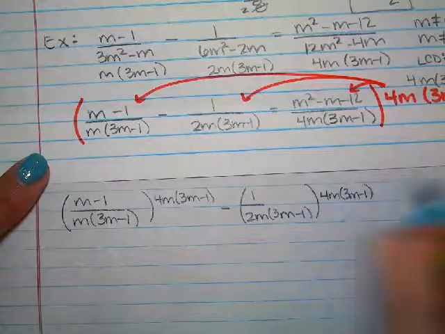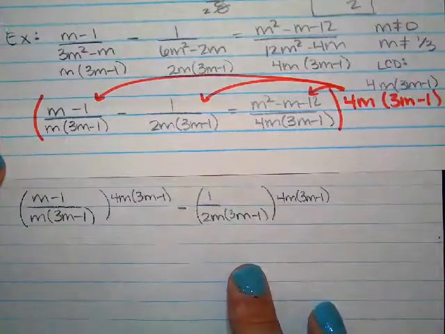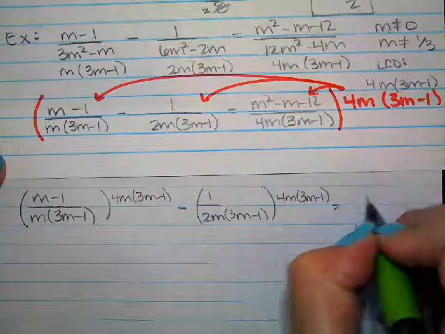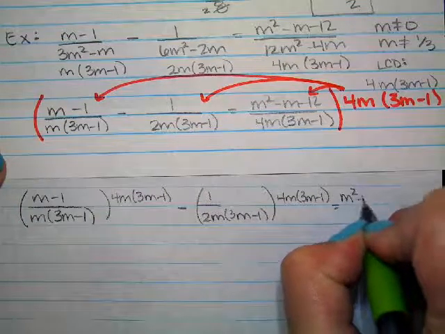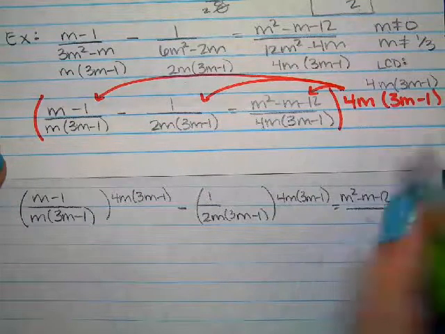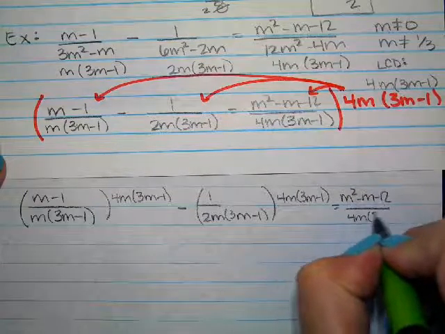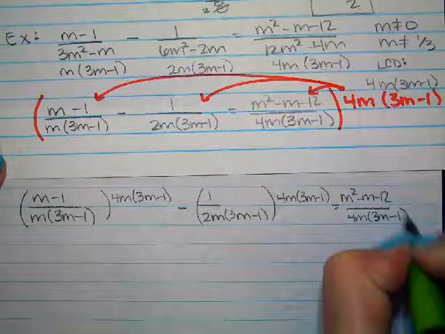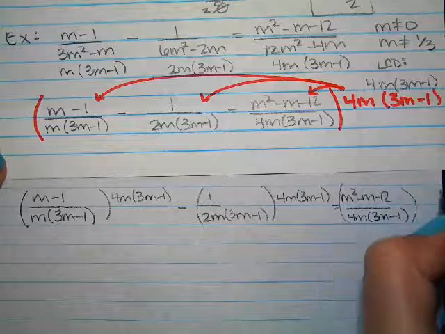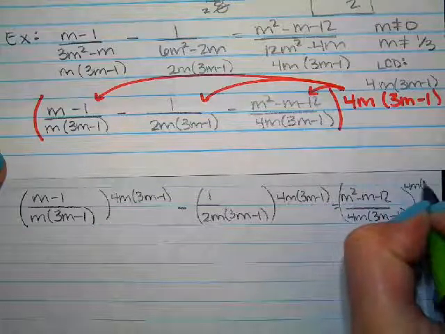I'm running out of space. Equals m squared minus m minus 12 over 4m times 3m minus 1, over 4m times 3m minus 1.